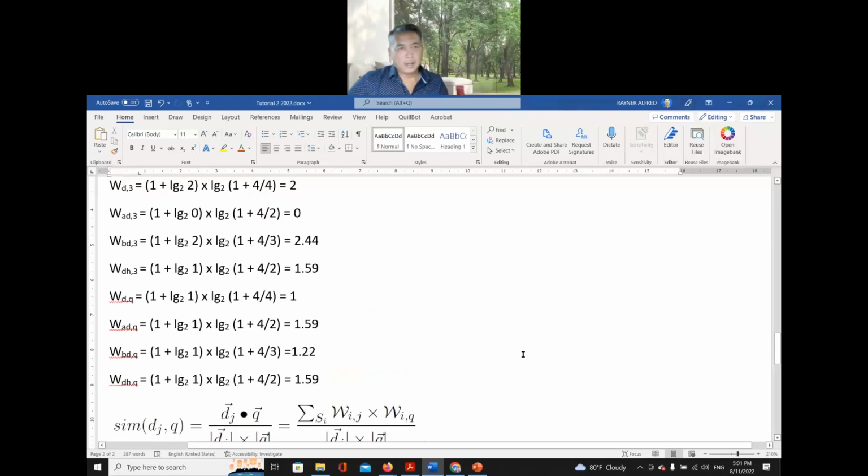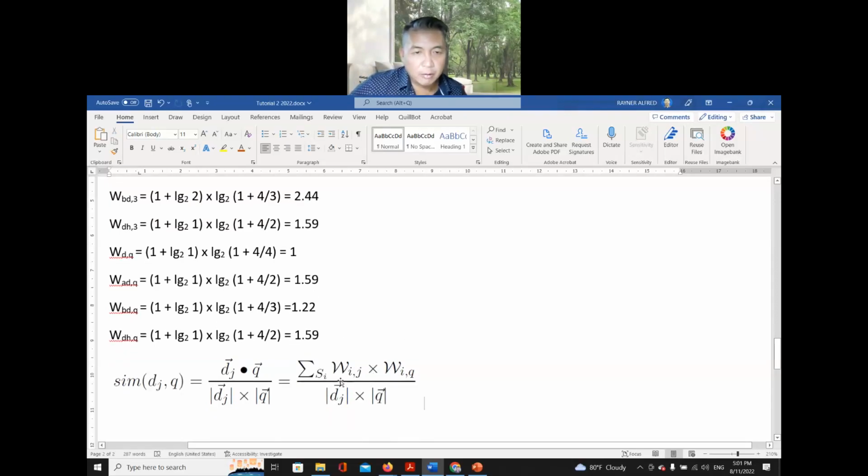So basically you are just multiplying the weightage for the same term set for document 3 and Q. Okay. Yang bawah ni you can ignore the Q, or you may also include the Q, but when it comes to computing the ranking, it will be the same throughout document 1, 2, 3, 4.